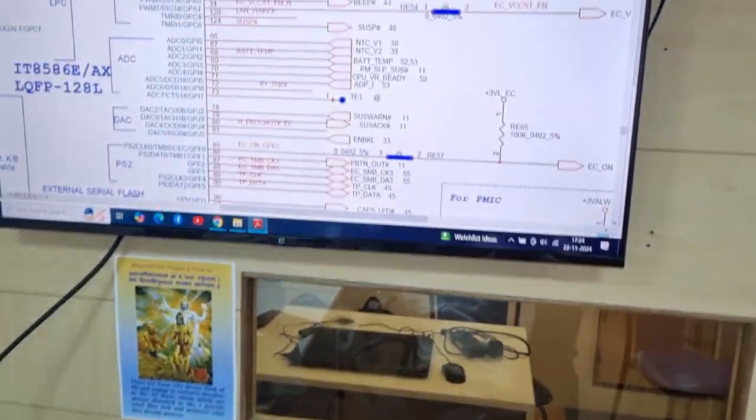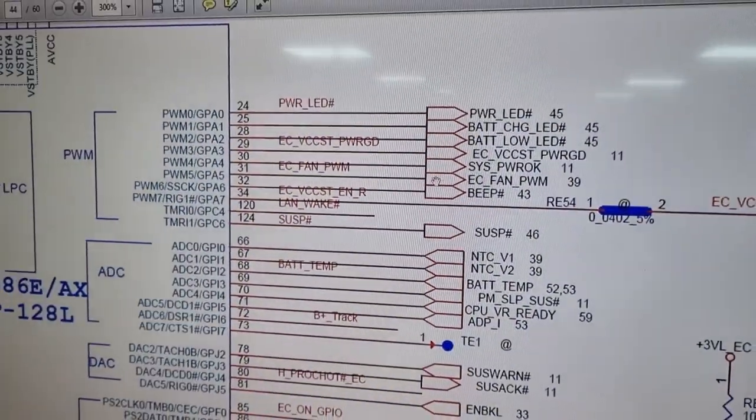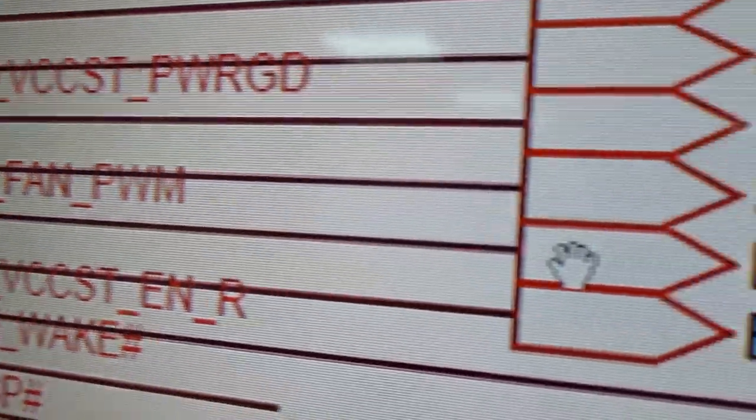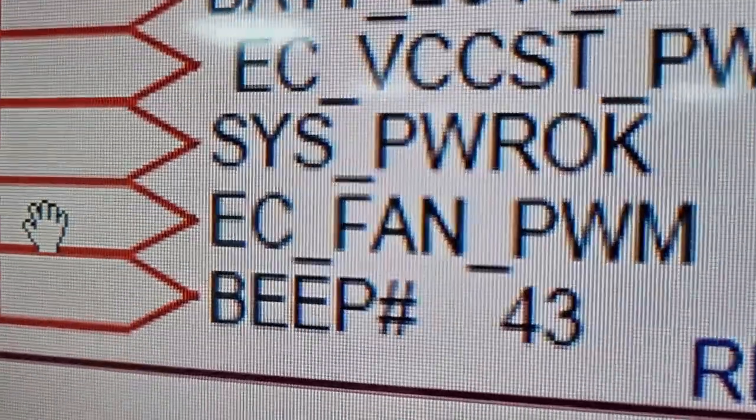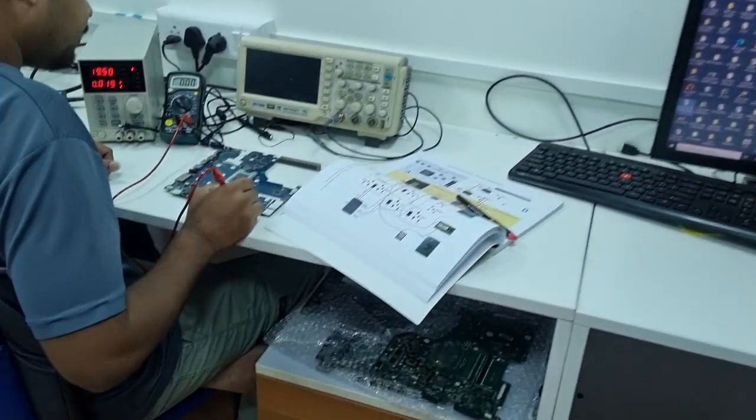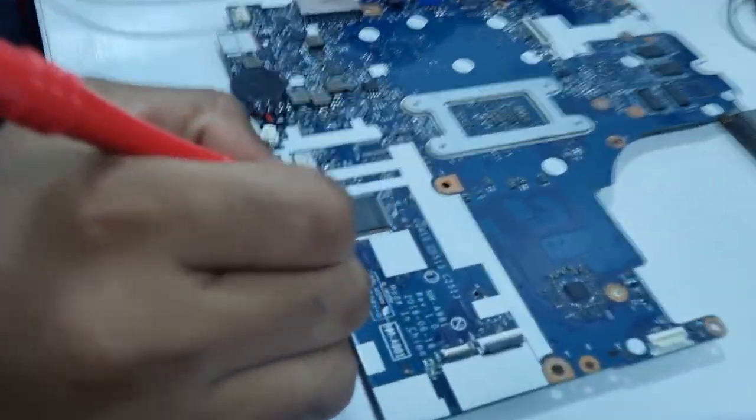This is a very important signal. It is generated by the SIO and goes to the CPU. So we'll check the system power OK signal. Here it is pin number 30, and it goes to page number 11. So we'll check pin number 30 on the SIO. Okay, we connect our multimeter to pin number 30.